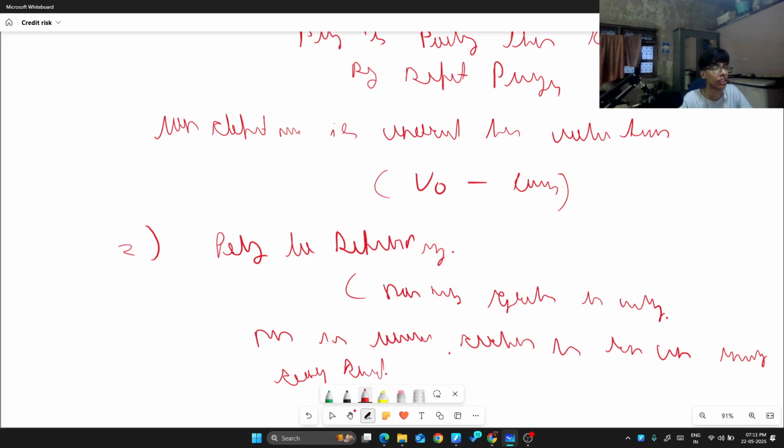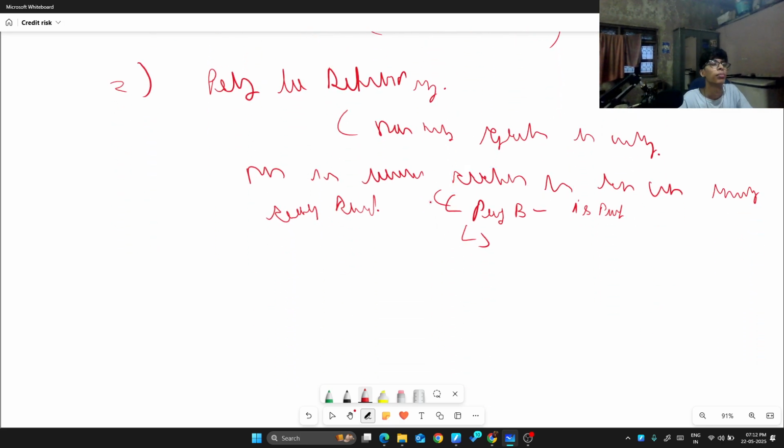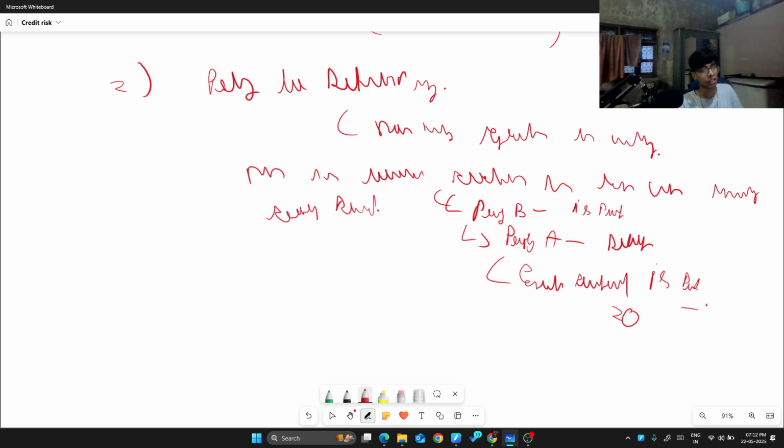So this means that party B, the non-defaulting party, is in profit, and let's say party A is supposed to make payment but defaults. Then the excess collateral is, let's say, 20 rupees, and the transaction was of 10 rupees, then the extra 10 rupees is needed back by the party that did not default. Okay, that's the main logic.